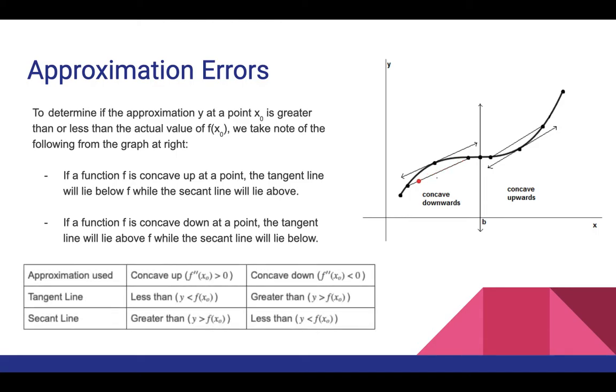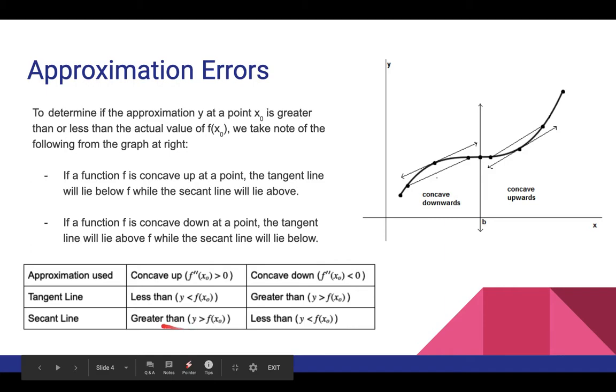We can summarize these with the results below in a nice little table for us to jot down. So if we use a tangent line approximation and our function is concave up, aka the second derivative is greater than 0, then our approximation will be less than the actual function value. While if we are concave down, again our second derivative is less than 0, the tangent line approximation will be greater than our actual function value at this point.